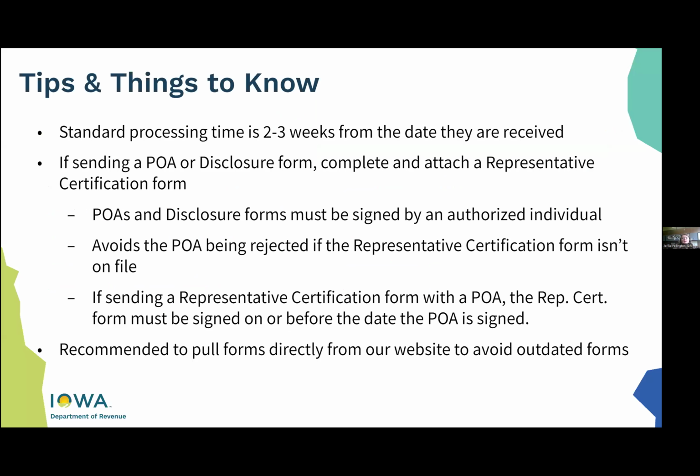This will help you avoid having the POA or disclosure form rejected if we don't have a certified representative on file. And then something else for you to remember there as well is that if you're sending us both forms at once, just make sure that that certification form is signed on or before the date that the POA form is signed.